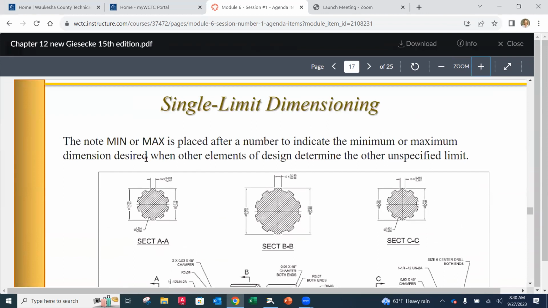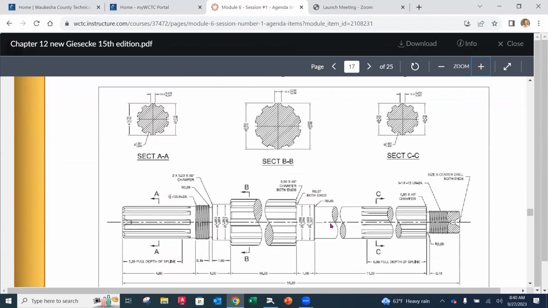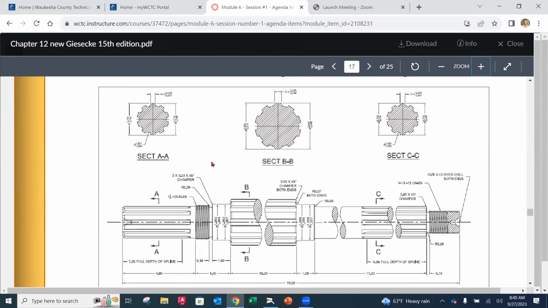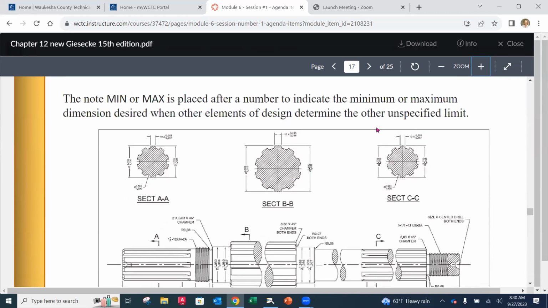Single limit. So the note min or max is placed after the number to indicate the minimum or the maximum dimension desired when the other elements of the design are specified. Now, they have this so small on here. It might be better to see it. I don't even see a min or a max. I don't know what they're referencing in this case. Let me just see if I can find it in the book.